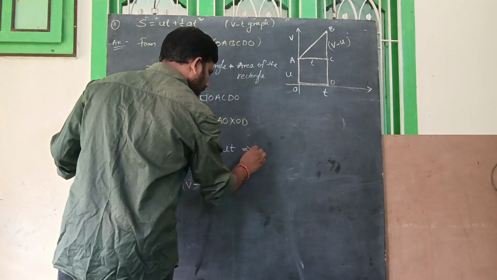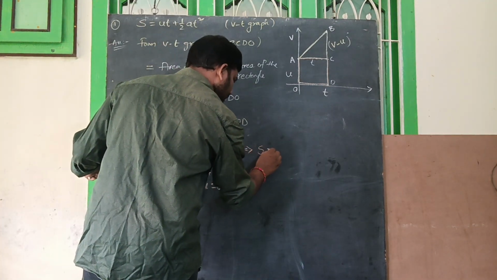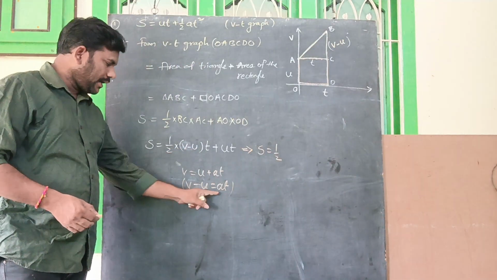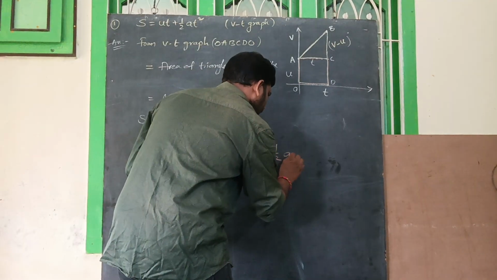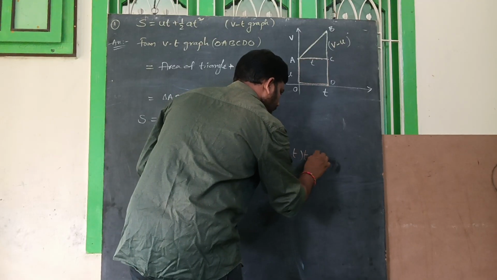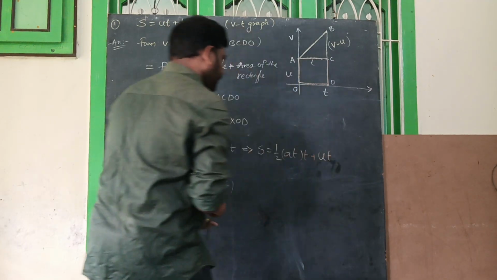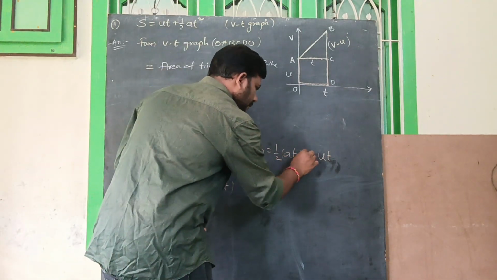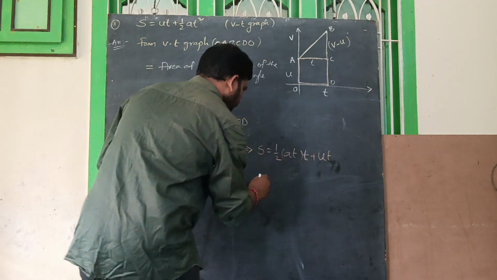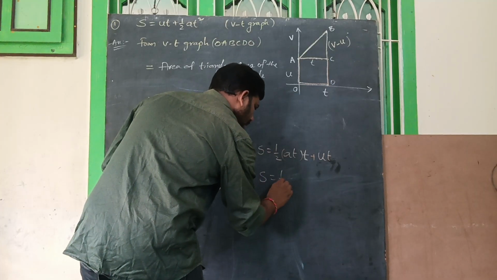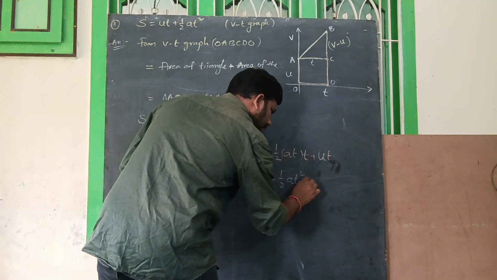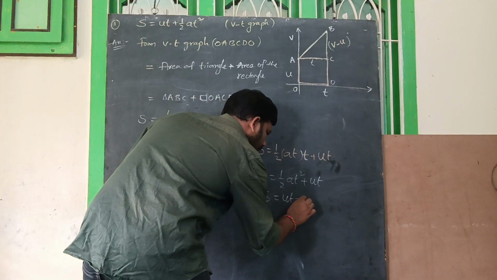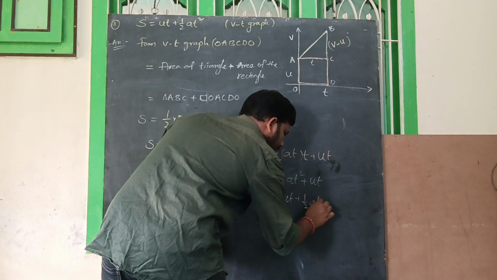We can replace v minus u with at. Then S is equal to half into at into t plus ut. Therefore t into t is t square, so S is equal to half at square plus ut. Therefore, S is equal to ut plus half at square.